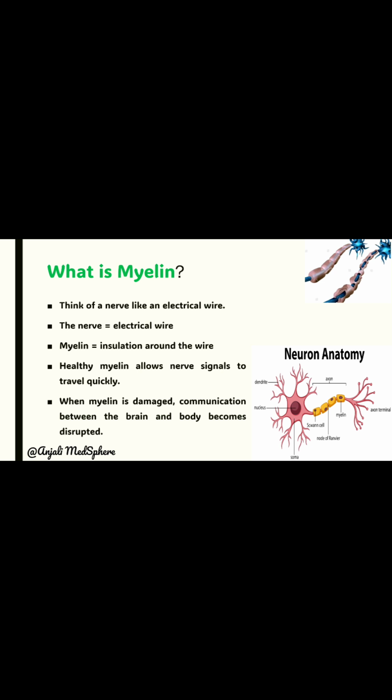Likewise, in a neuron, over the axon there is the myelin sheath, which is like an insulation around the wire, isn't it? In healthy neurons, this myelin allows nerve signals to travel quickly across the body from the brain to the other parts of the body. When myelin is damaged, communication between the brain and the body is disrupted. So that is the importance of myelin.